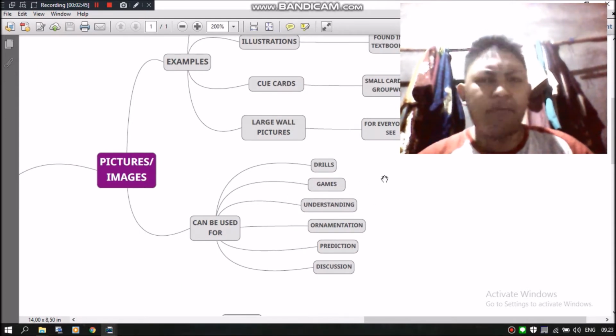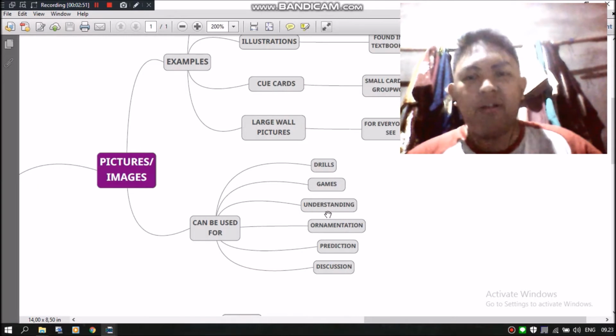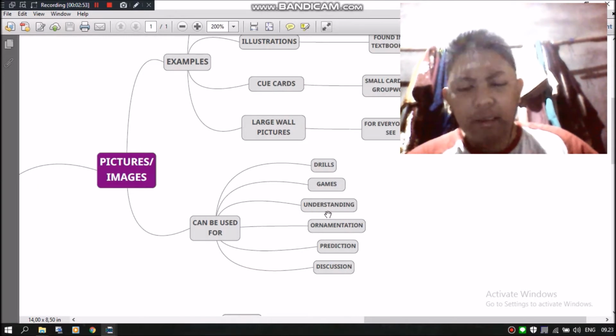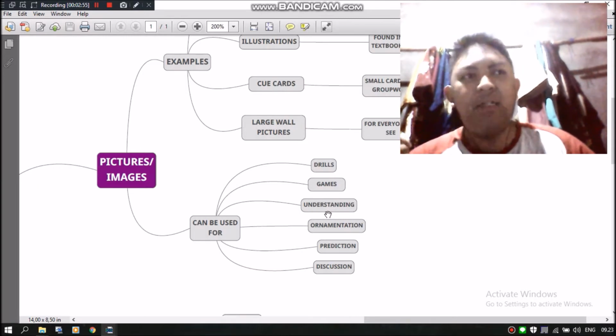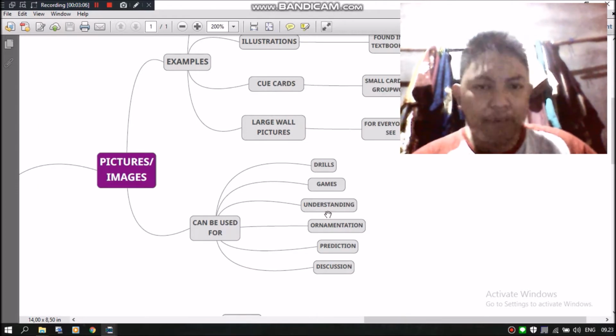You can use it for many games, and it can also be used for better understanding for the whole classroom, because let's be honest, the response from the students will be more positive if they are provided with pictures rather than just text.